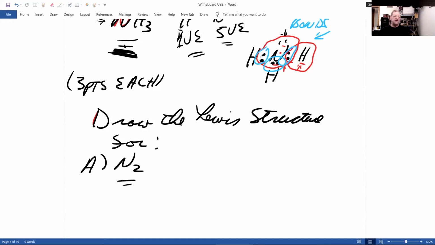This is nitrogen gas. You're inhaling it right now, if you're breathing, and I hope you all are, nitrogen gas along with oxygen gas. So how would you draw the Lewis structure?